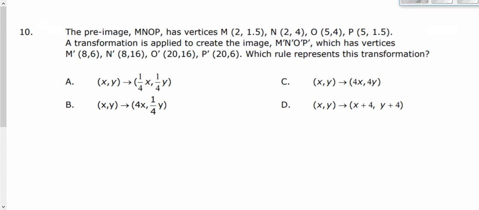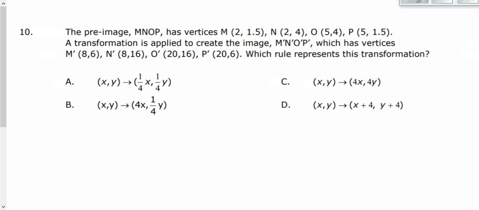Okay, number 10, the pre-image MNOP has vertices M, N, O, and P. A transformation is applied to create the image M'N'O'P', which has vertices M'N'O'P'. Which rule represents this transformation?